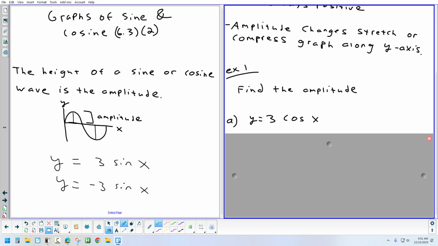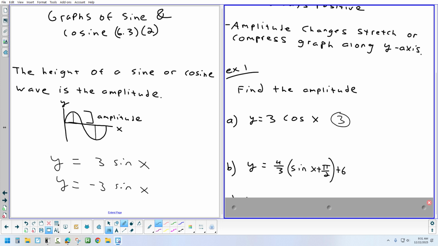Yeah, 3. What would be the amplitude of 4/3 sine of (x plus pi over 2) plus 6? Yeah, 4/3.